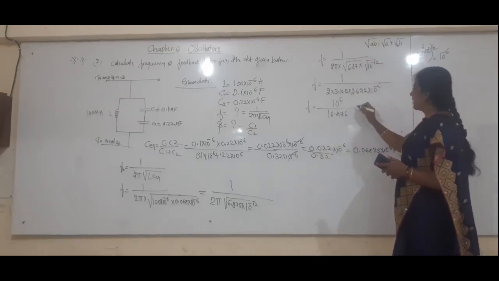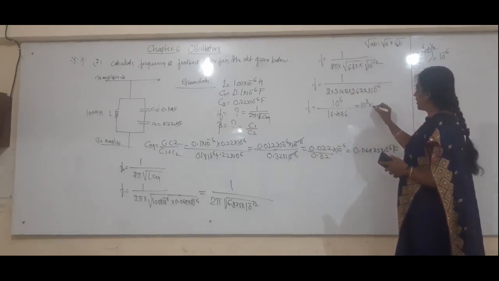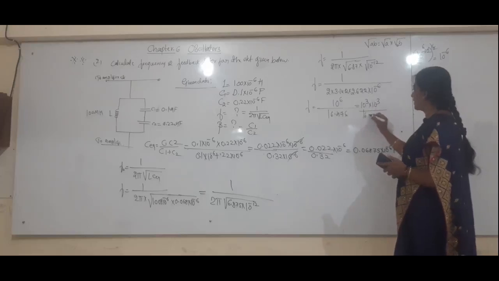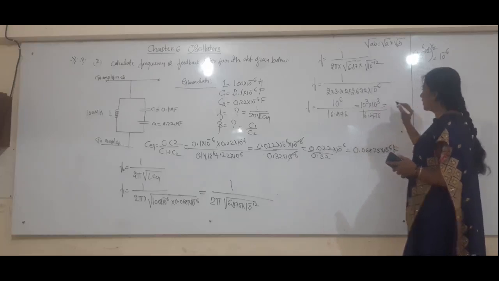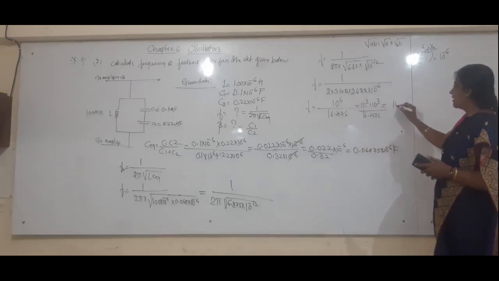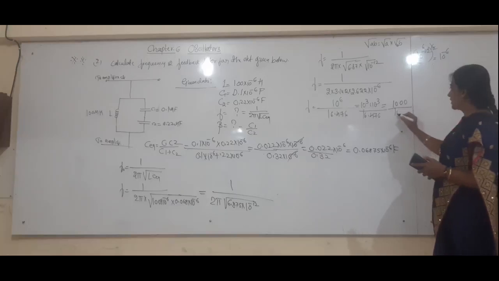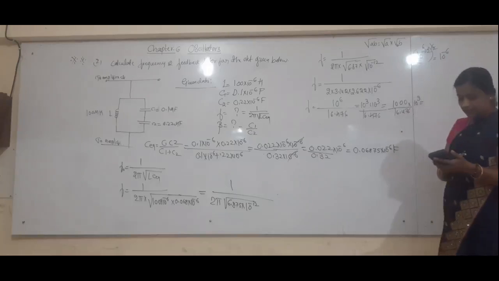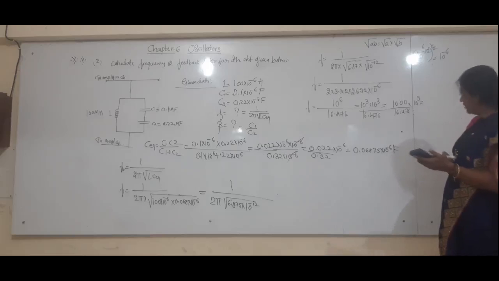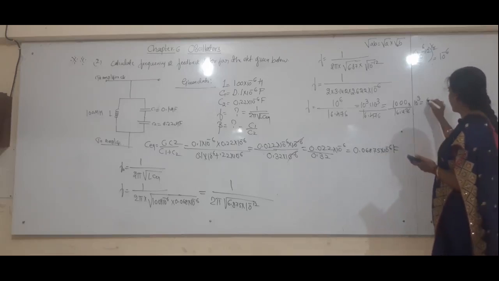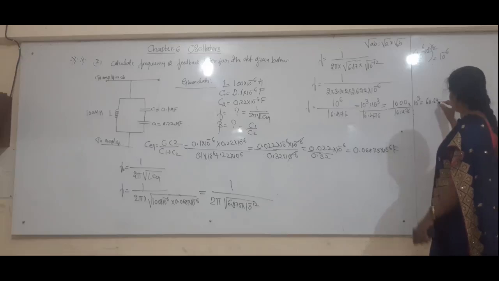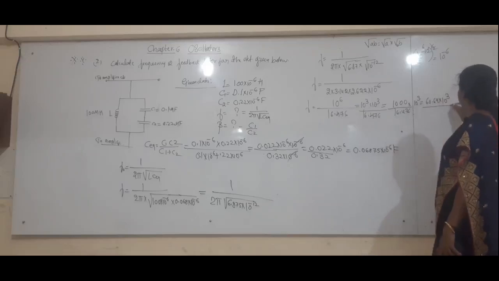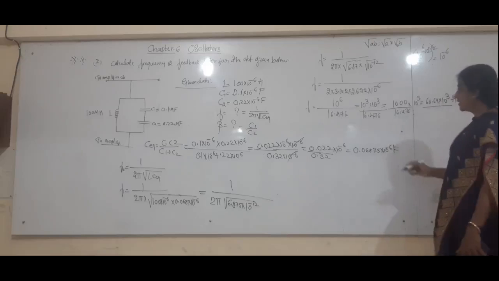So this can be written as 10 raised to 3 into 10 raised to 3 divided by 16.476. I can write 10 raised to 3 as 1000. So that is 1000 divided by 16.476, which is 60.69 kilohertz. So this is the required frequency.